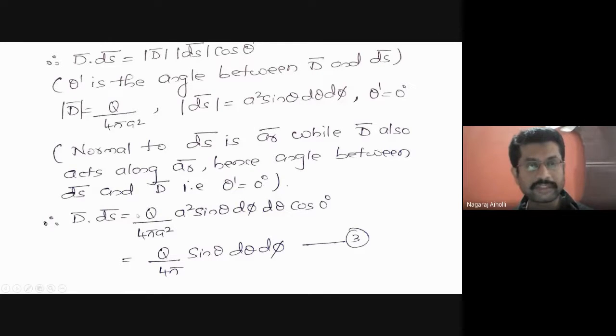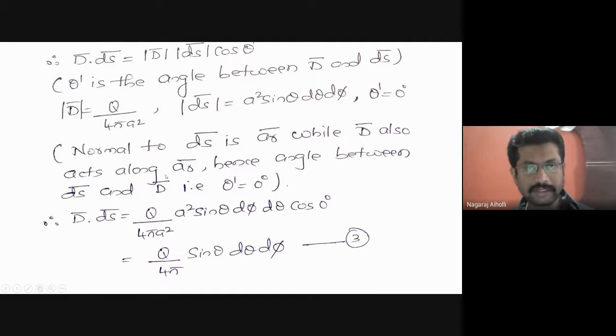Then what will be the equation? D bar dot ds bar, in terms of magnitude, is equal to magnitude of D into magnitude of ds bar into cosine of angle theta.